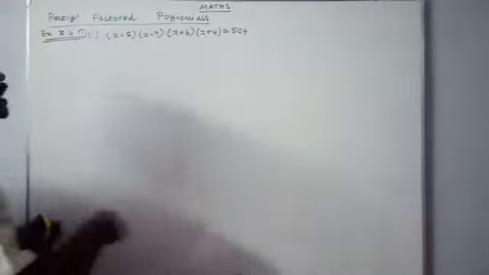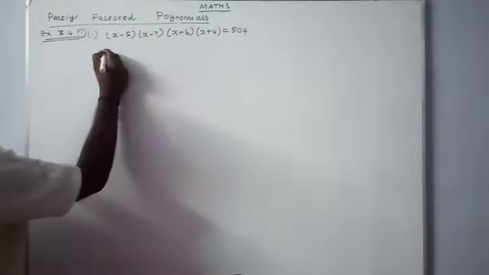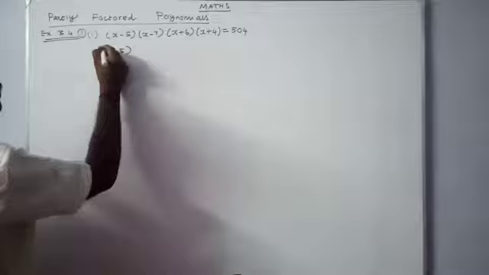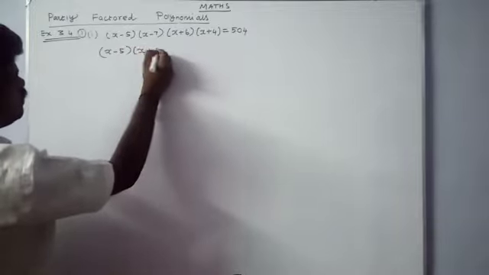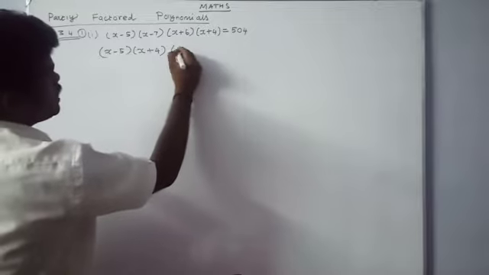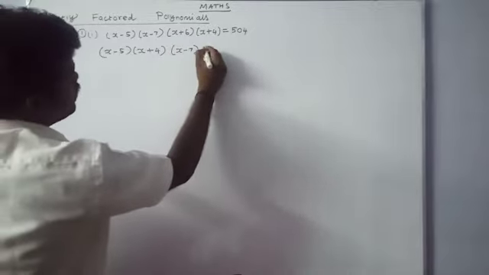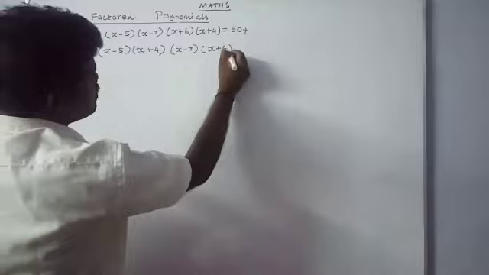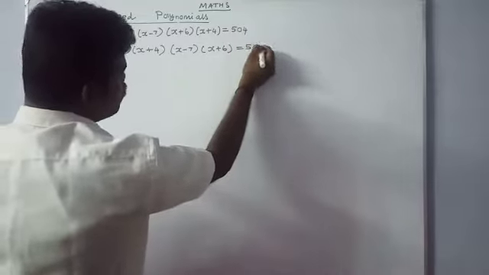So we write these adjacent pairs: (x minus 5)(x plus 4) and (x minus 7)(x plus 6) equal to 504.